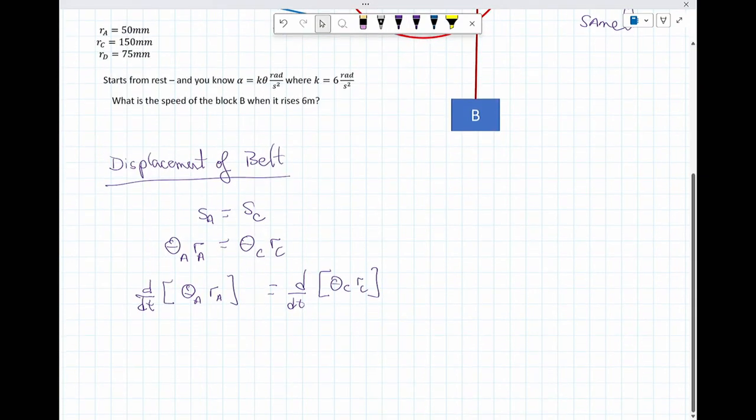If I go a little bit further, I can take the time derivative of that and say RA omega A equals RC omega C. So both of those have the same velocities, but different omegas.